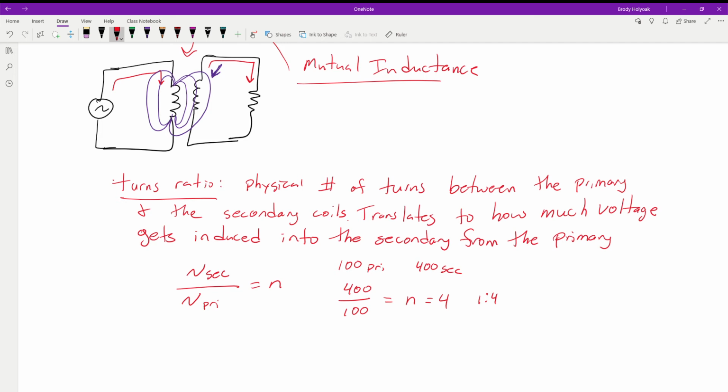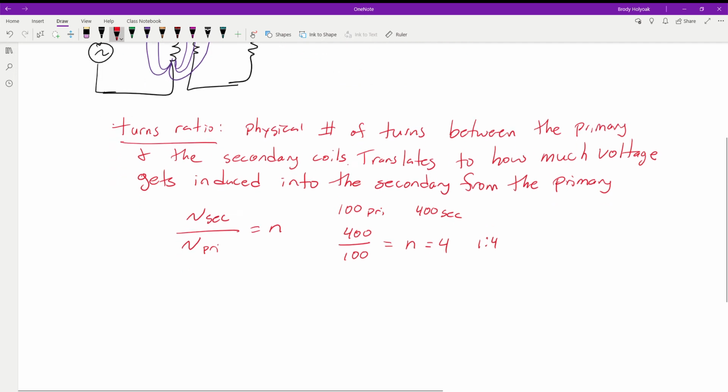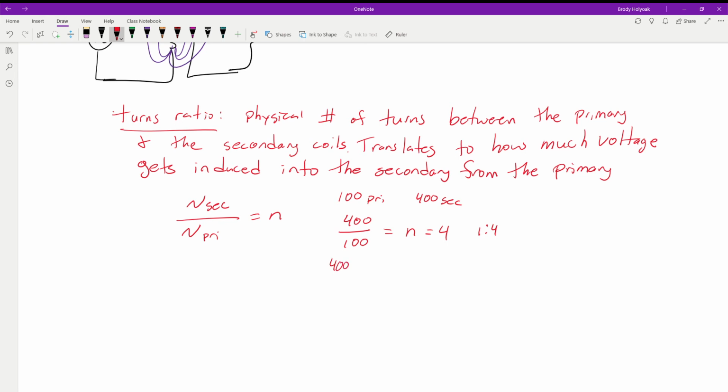With this transformer setup, with 400 in our secondary and 100 in our primary, with our turns ratio of 4, a 1 to 4 ratio, that means if we have 1 volt in our primary, we're going to have 4 volts in our secondary. Now, the inverse is true. Let's say we have 400 turns in our primary and 100 turns in our secondary.